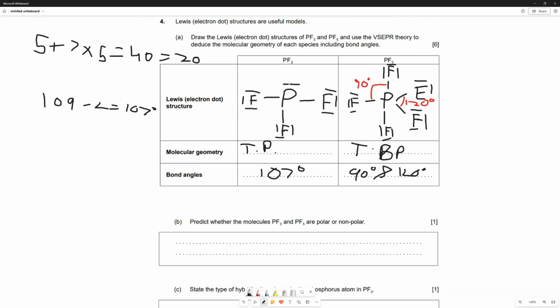Phosphorus trifluoride is polar because it has a lone pair here, meaning it has a net dipole facing down, whereas this one has no lone pairs, which means all of the atoms just stretch out, which gives us a net zero dipole. So we say PF3 is polar, unlike PF5.